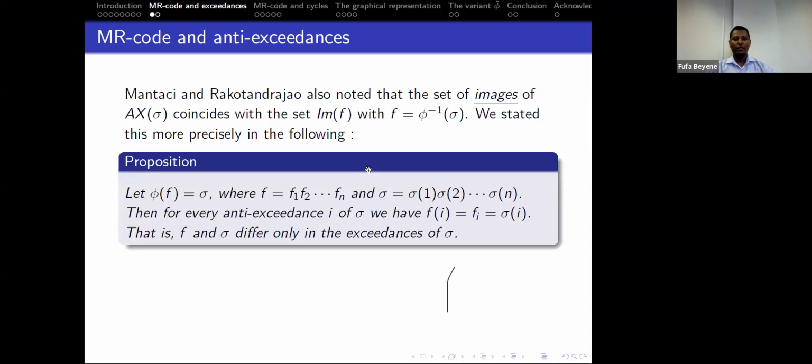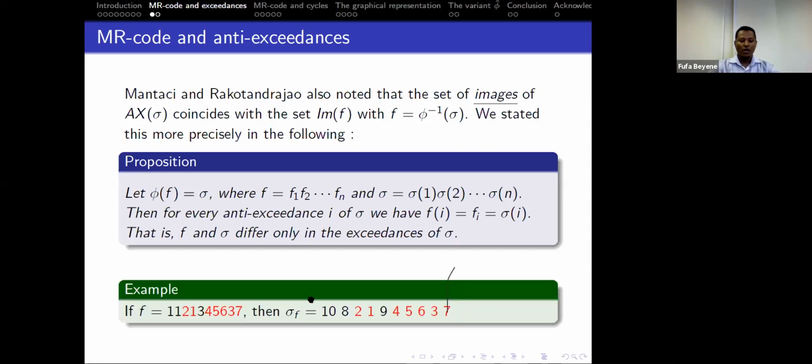So we state this more precisely in the following proposition. If phi of f is sigma, where f and sigma are given this way, then for every anti-exceedance i of sigma, you see that f and sigma coincide. This implies that f and sigma differ only in the exceedances of sigma.